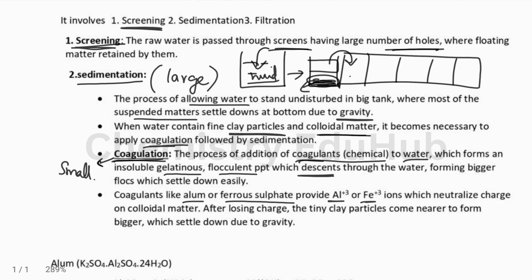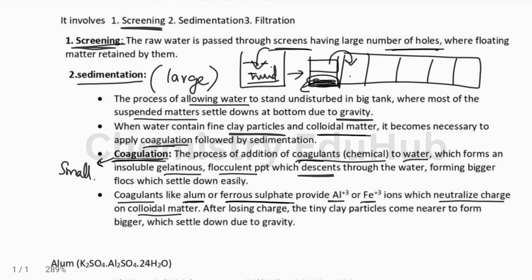This process is called coagulation, where coagulants like alum or ferrous sulfate are used, and colloids generally have charges, positive or negative. So what these coagulants do is neutralize the charge of the colloidal matter.